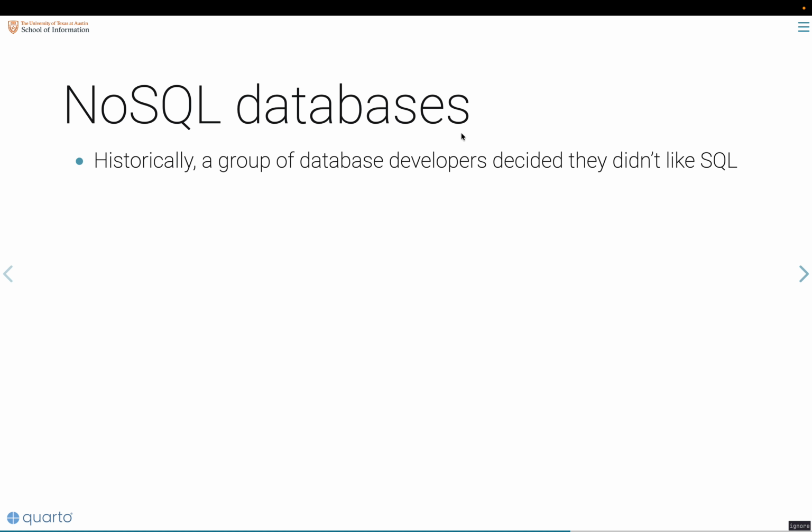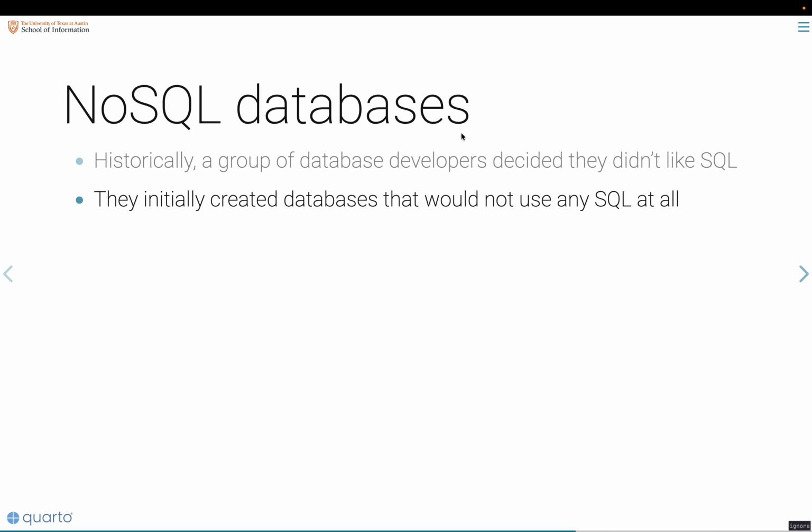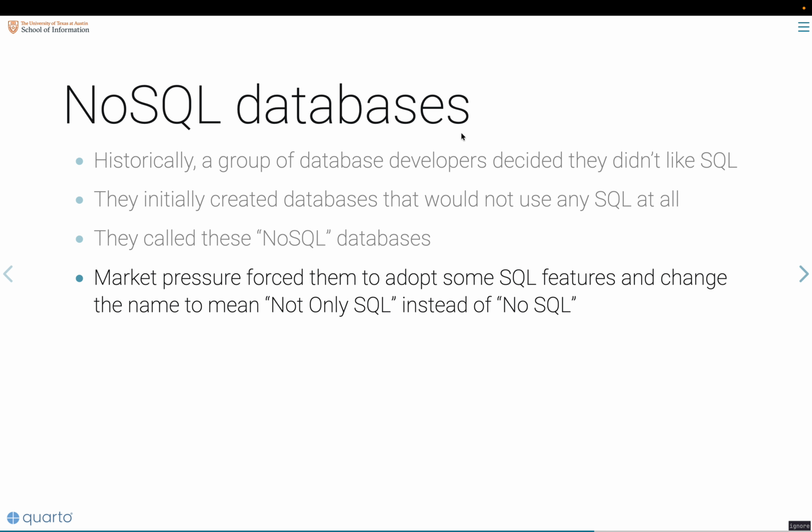These were primarily advanced programmers, and they preferred to write programs than use a declarative language like SQL. So they created databases that you could program instead of using SQL. And they called these NoSQL databases. And market pressure eventually forced them to adopt some SQL features and change the name to mean not only SQL instead of NoSQL.